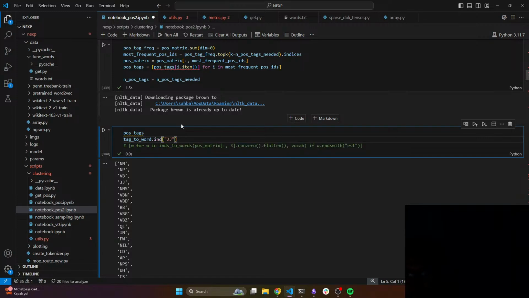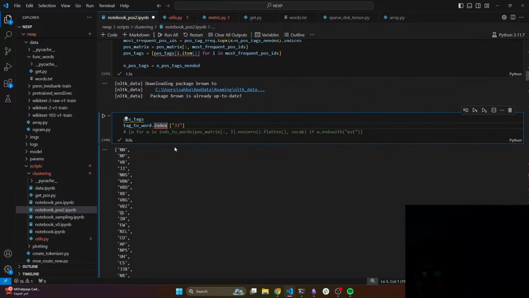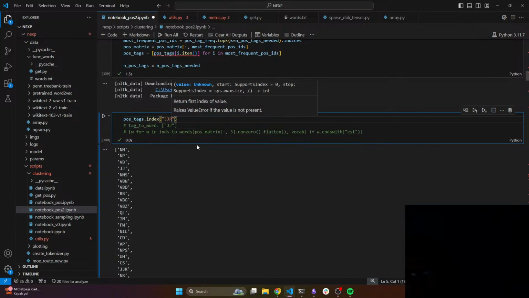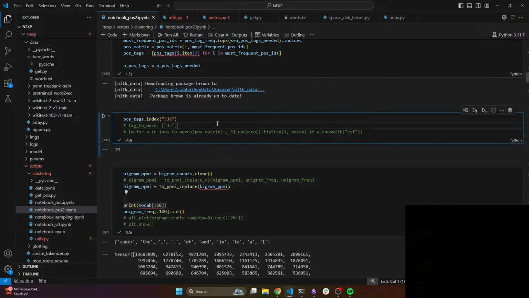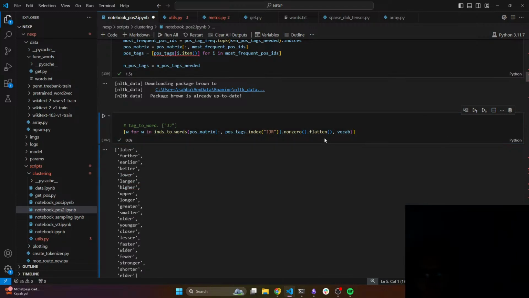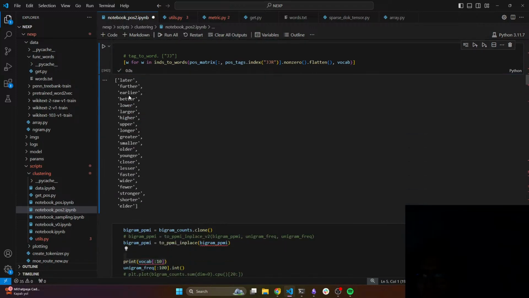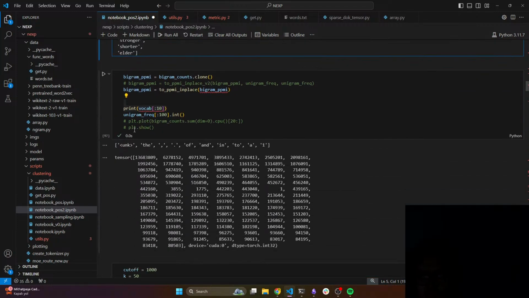Dot index, I guess. It's a list, right? Isn't that an index method for a list? No. JJR. In that case, I don't even need this. Earlier, lesser, okay.